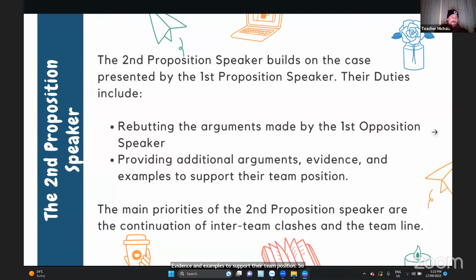So to answer the question asked before, all of the arguments put forth should support the team line that you and your team created before the debate began.